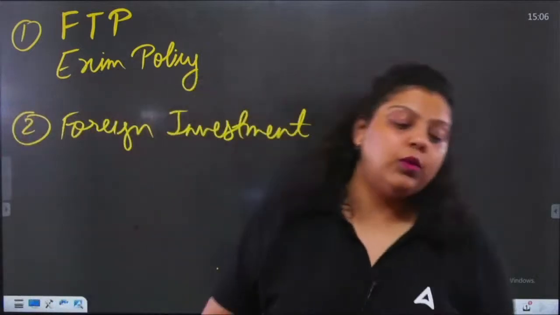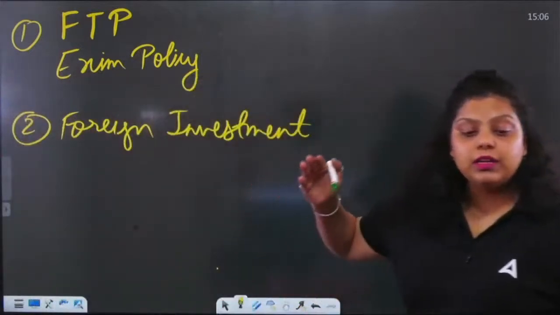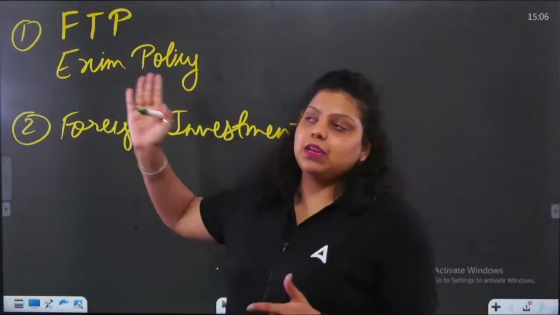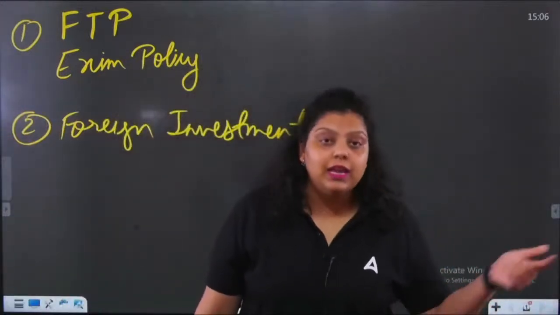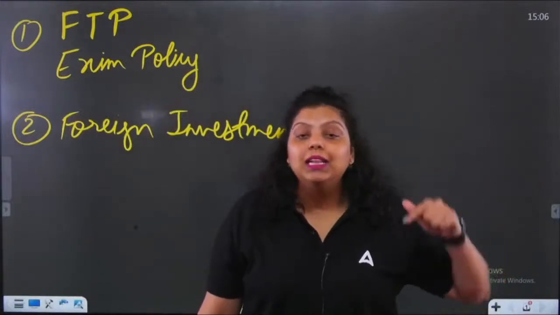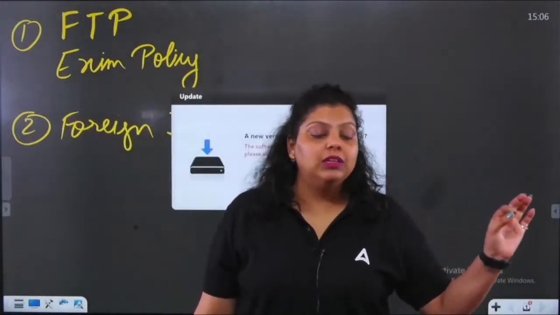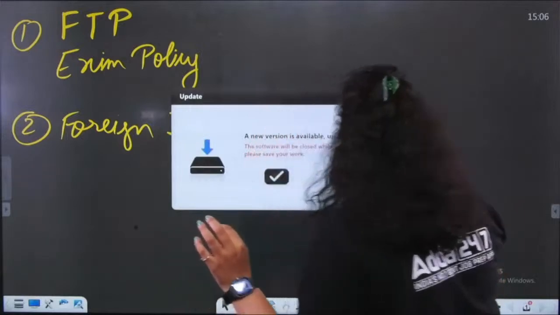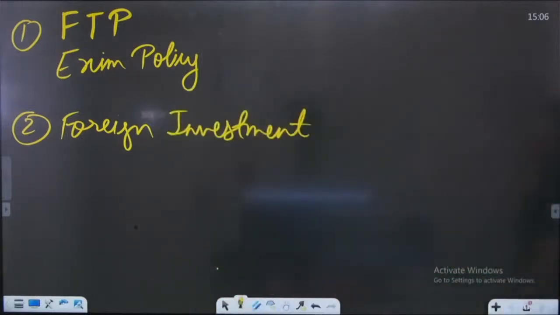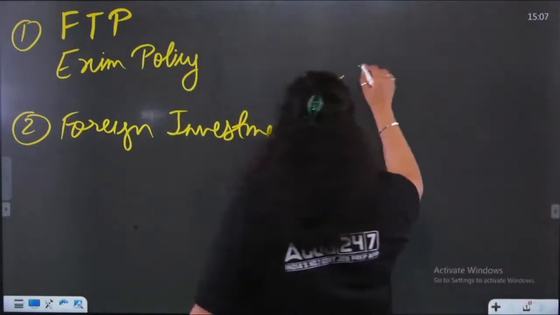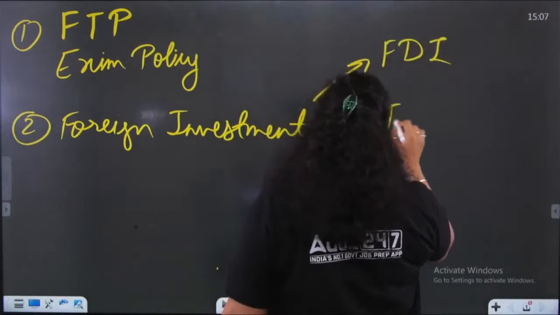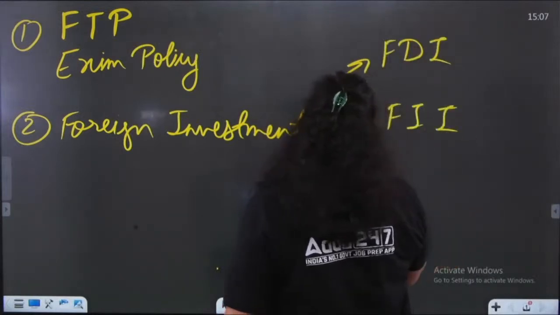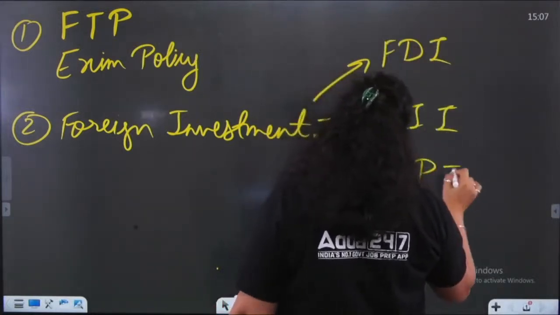Let's say a foreign individual, a person living in the USA, China or Japan, wants to invest in India, they can do that. But while they are investing in India, they have to follow certain criteria or methods, and those methods are the foreign investment methods. So we have the foreign direct investment method, the foreign institutional investment method, and the foreign portfolio investment method.